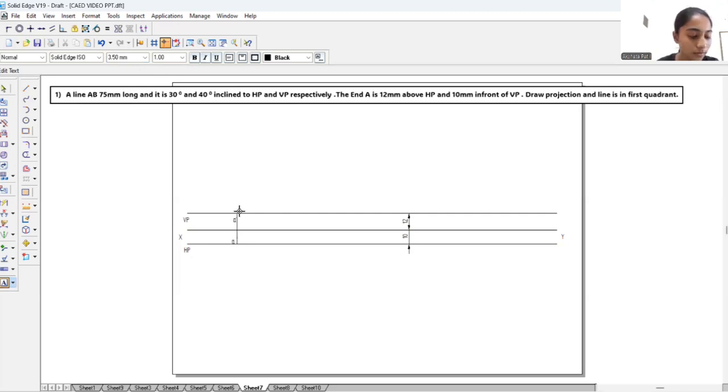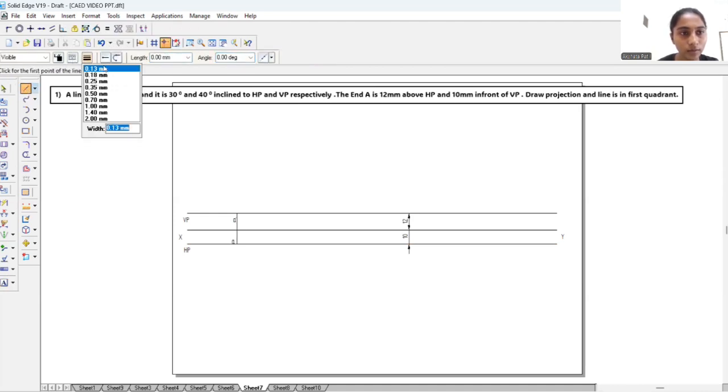So now we will start with the line. Let's draw two lines from A and A dash, of length 75 mm, with inclination 30 degrees and 40 degrees to HP and VP respectively. We will choose the line option and take thickness 0.13 mm.